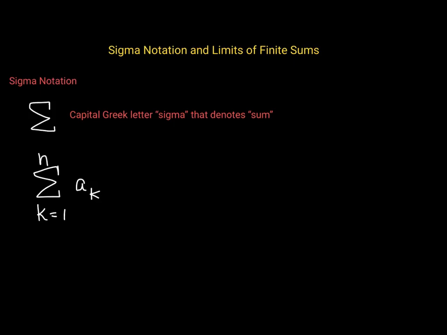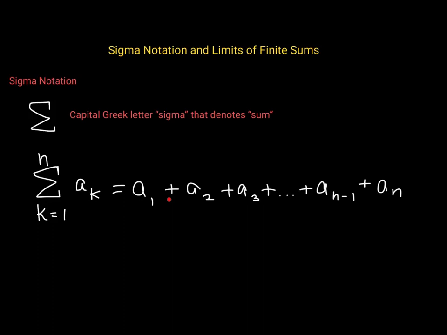What this sigma notation means is that you are adding this expression over and over again, letting k run from 1 all the way through n. In other words, it'd be a sub 1, that's where we start, plus a sub 2, plus a sub 3, plus etc., plus a sub n minus 1, plus a sub n.